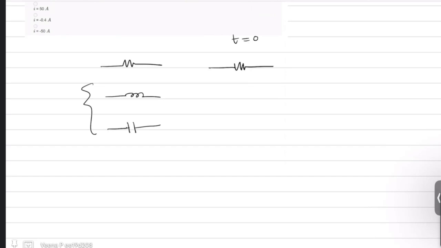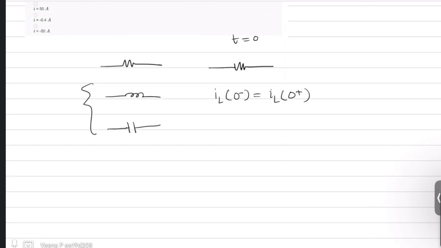The resistor's output depends only on the input at that instant. But in the case of an inductor, the current in the inductor just before the switching and just after the switching will be the same.